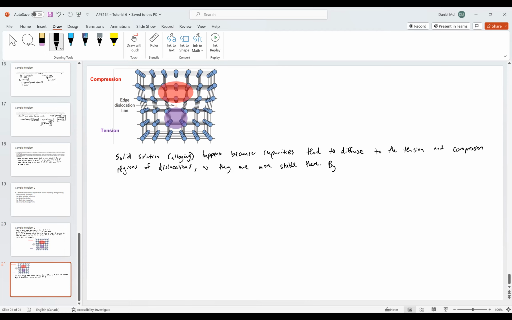So by staying there, they also make dislocations more stable, which makes it harder for them to move. I think I have another figure to show that.